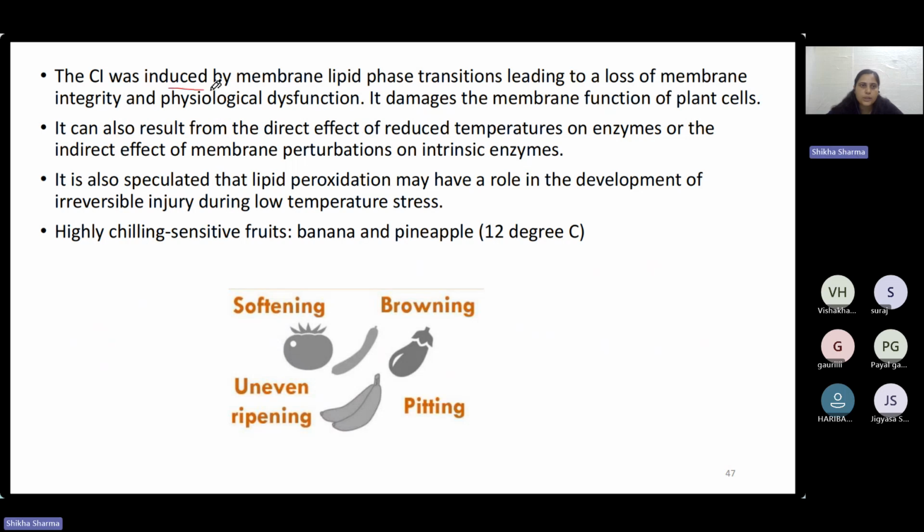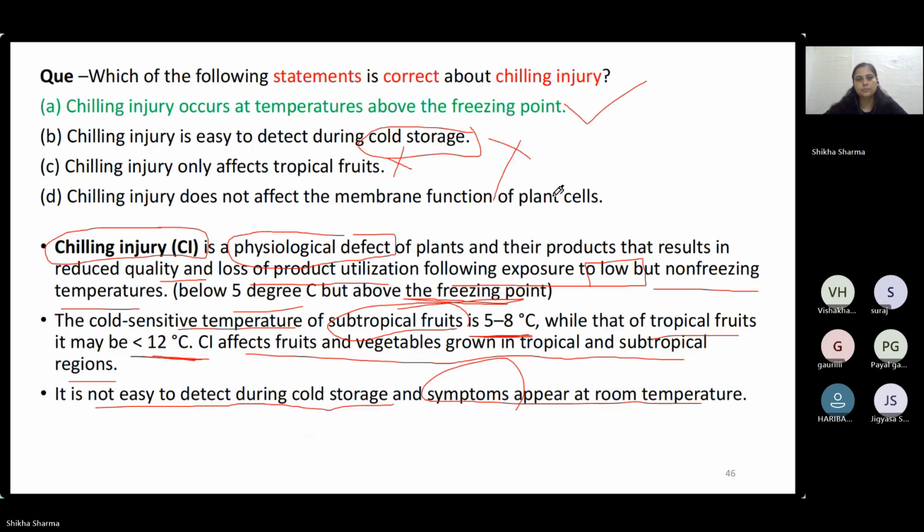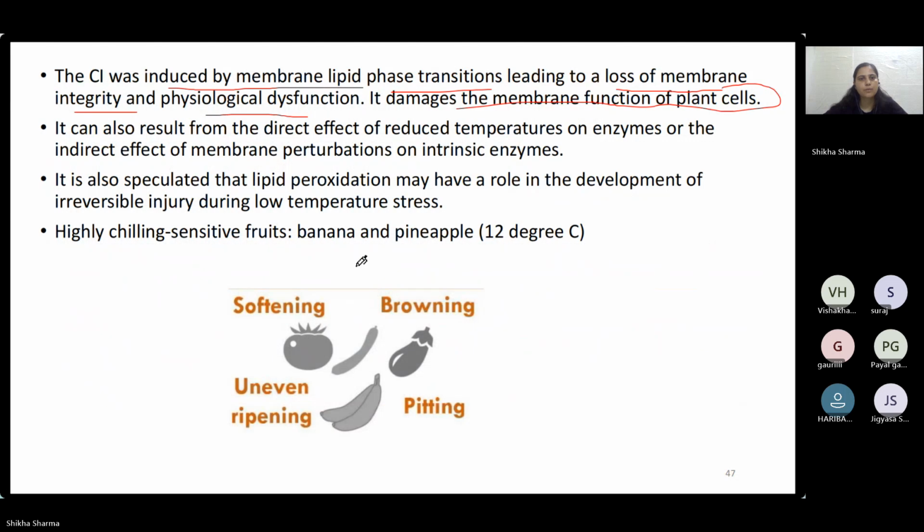Then chilling injury basically induces membrane lipid phase transitions, which lead to loss of the membrane and physiological dysfunction. So it may damage membrane functions of the plant cells. So D is also incorrect.